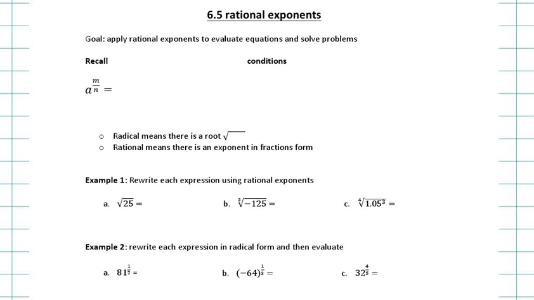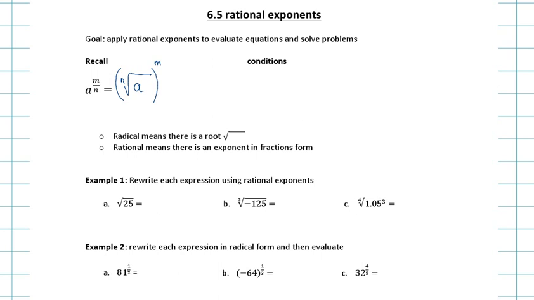So if I want to write a to the power of m over n as a radical, how would I write that? The square root. No, inside, sorry, and outside. That's right. So you do the nth root of the base to the power of m.